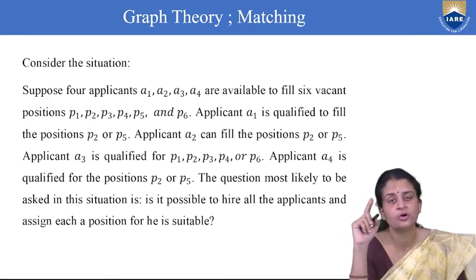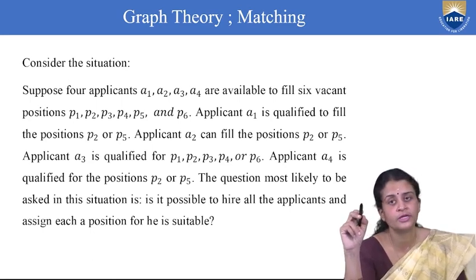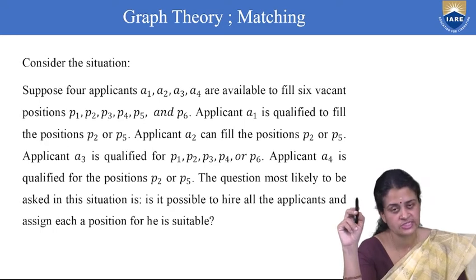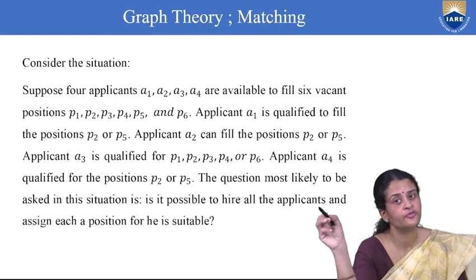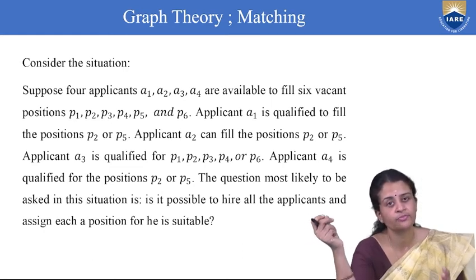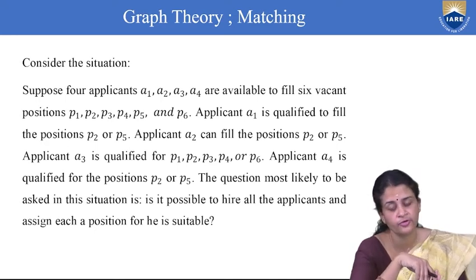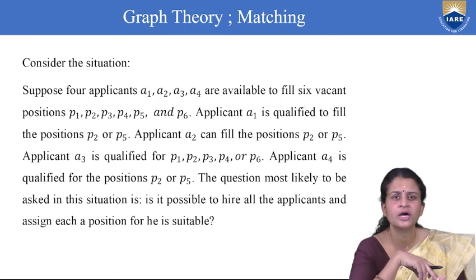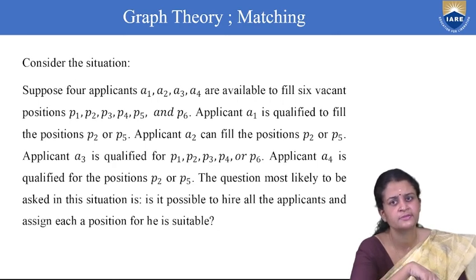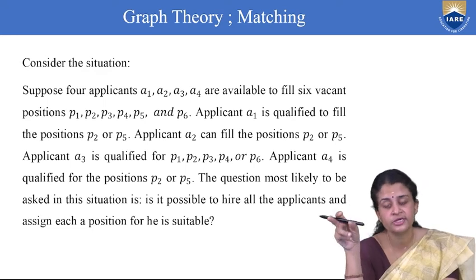Also A2 is qualified to fill only P2 and P5. A3 can fill P1, P2, P3, P4 and P6. But A4 is qualified to fill only P2 or P5. Even though there are 6 positions and only 4 applicants, is it possible to hire all 4 applicants and assign each a suitable position?